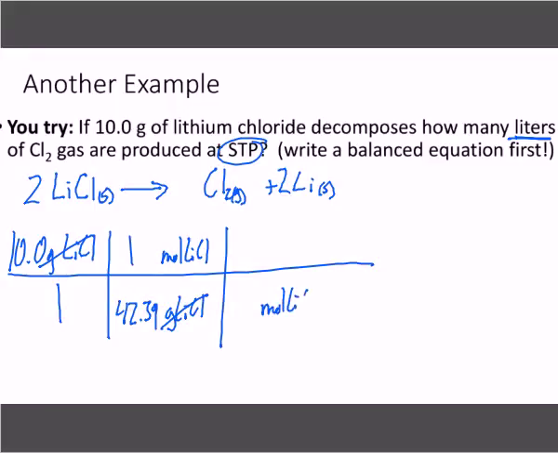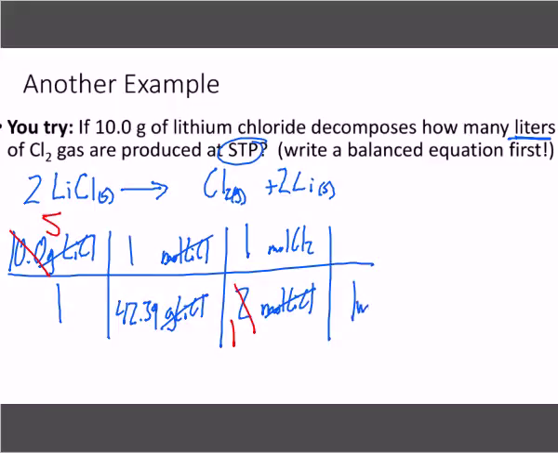So moles of LiCl to moles of Cl2. All right, if we look at it, chlorine is 1, lithium chloride is a 2. We can reduce that down if you want to. You don't have to, but that'll be 5 over here, and the 2 is now a 1. All right, then we're going to continue along.